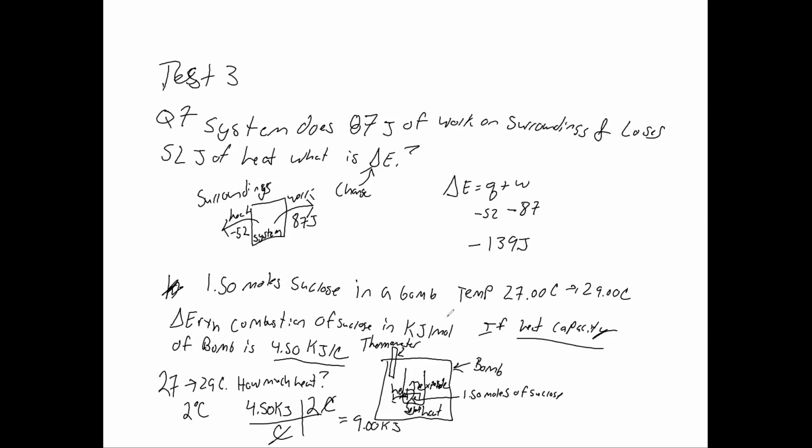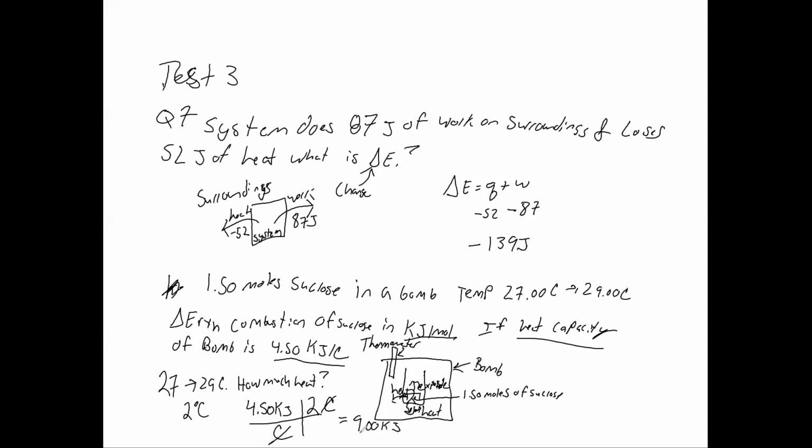However, we're not quite done yet because I want kilojoules per mole. That is, I don't want to know how much 1.5 moles of sucrose gave off. I want a number I can look back to. I want to know for every 1 mole of sucrose, how much energy is released.